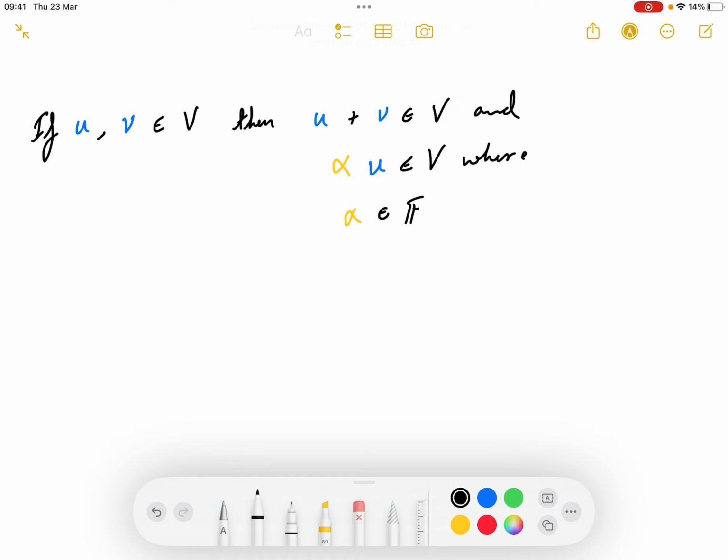I mean, I would like to say it's real numbers, but you know, I'm in university and they say it should just be abstract. So yeah, we can add them and scale them by some field element. Okay, so we've got that much.